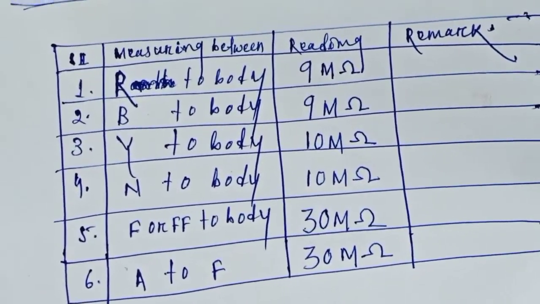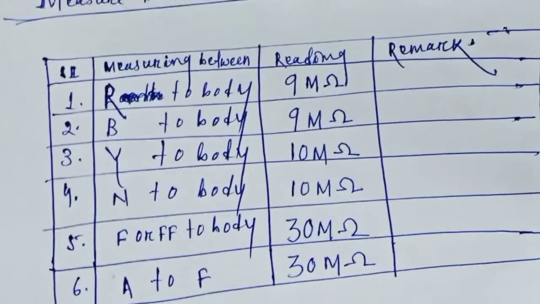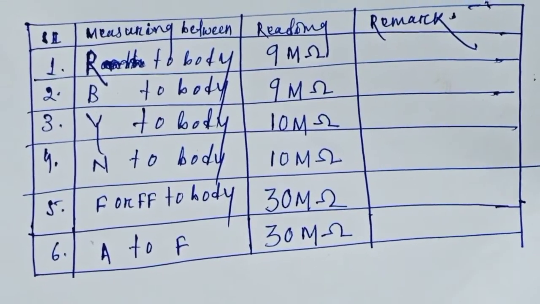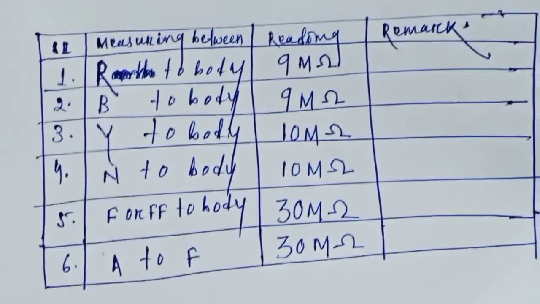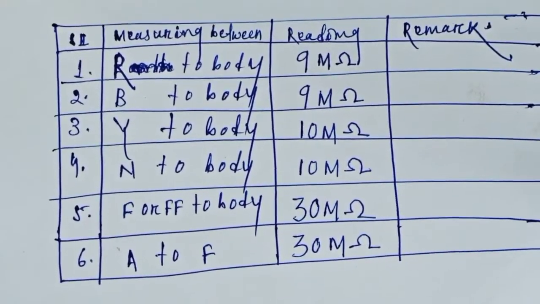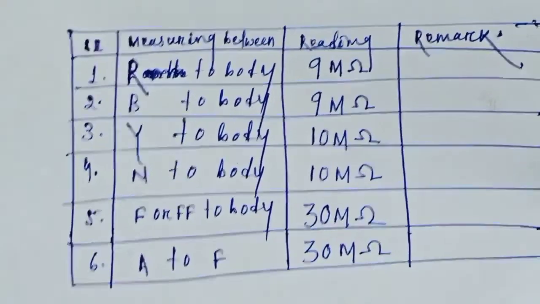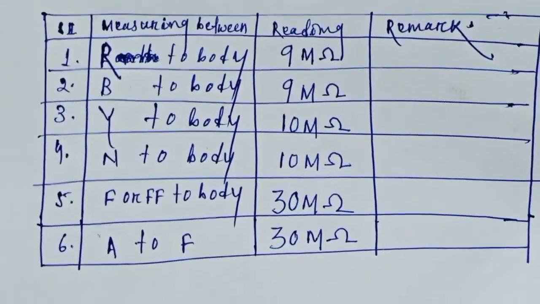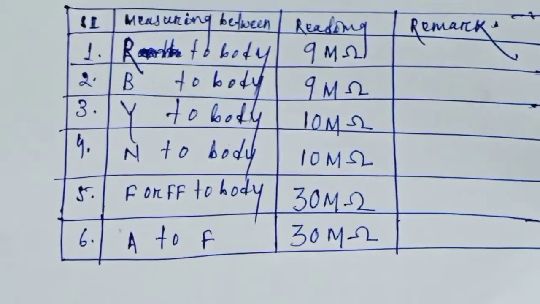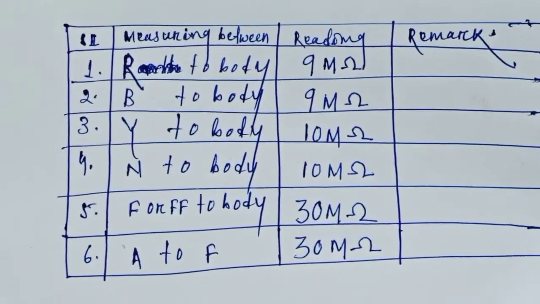If the insulation resistance is below 1 mega ohm, then the machine is at risk, or it can pass some leakage current to the body. If the insulation resistance is more than 1 mega ohm, then the machine does not pass leakage current to the body. Overall, thank you.